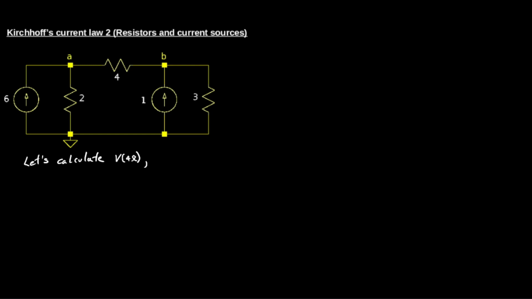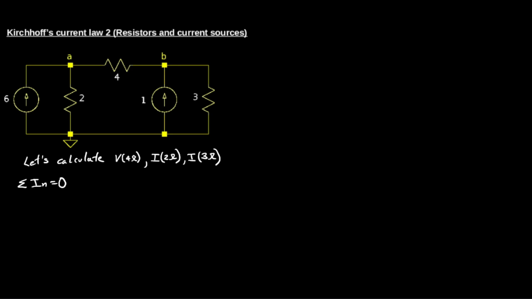So we are asked to calculate the voltage across the 4 ohm resistor, the current across the 2 ohm resistor, and the current through the 3 ohm resistor. As we see, we only have current sources and resistors, so we have a simple circuit.